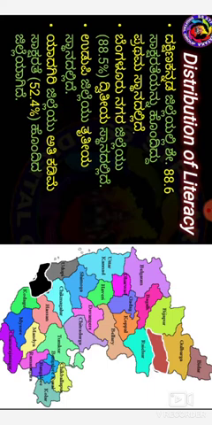Then the Bengaluru Urban district is in second position, with 88.5 percentage. And the third district, Udupi, occupies the third position.